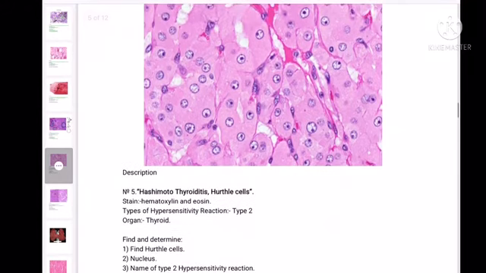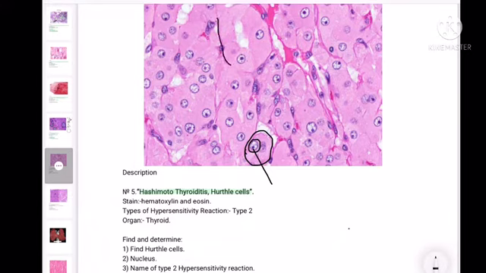The next finding that we can also find in Hashimoto thyroiditis is the Hurthle cells. So this is again Hashimoto thyroiditis, and the finding is the Hurthle cells. So what are the Hurthle cells? Hurthle cells are these bigger cells, larger than the normal follicular cell, with bigger nuclei and a prominent nucleolus.